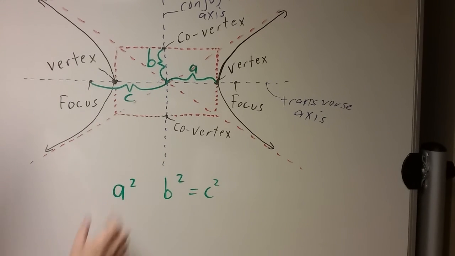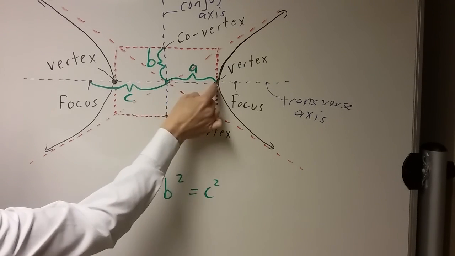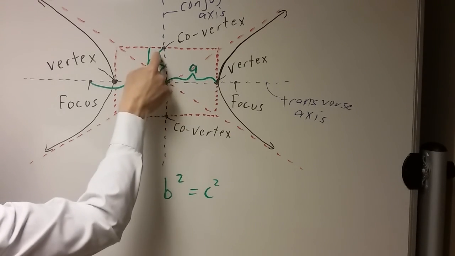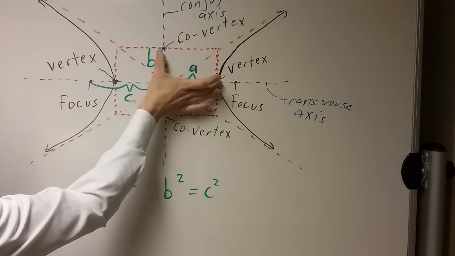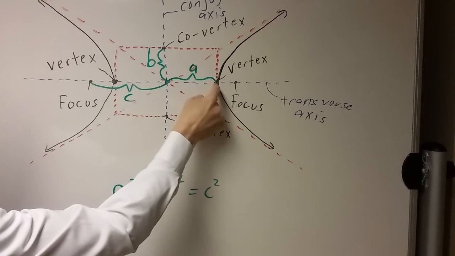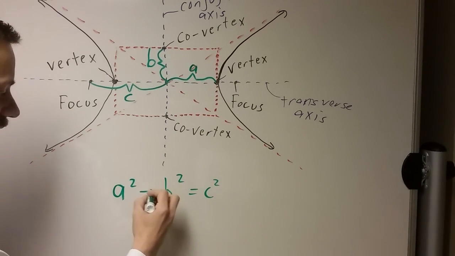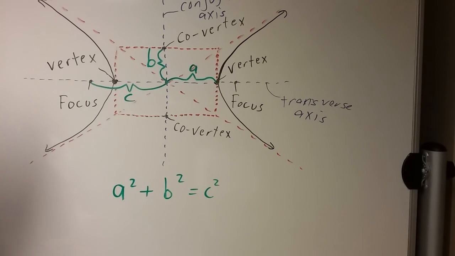And really, if I wanted to find the distance for C, thinking of this like a little right triangle right there, A and B are the legs, and the hypotenuse of that right triangle is C. And so A squared plus B squared equals C squared, just the regular old Pythagorean theorem, works when we're dealing with a hyperbola.